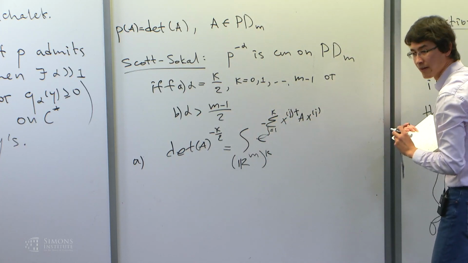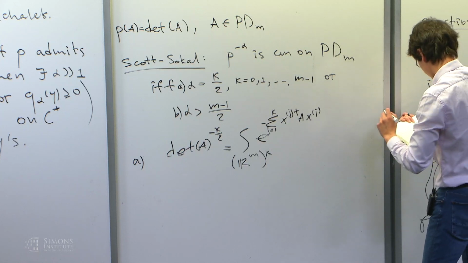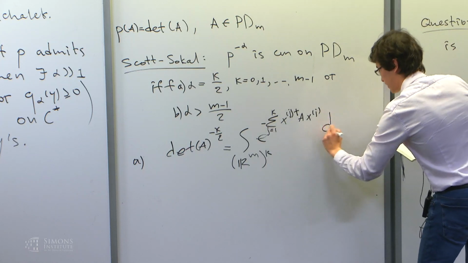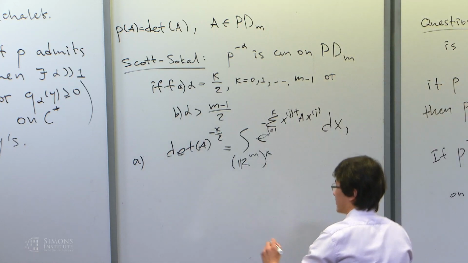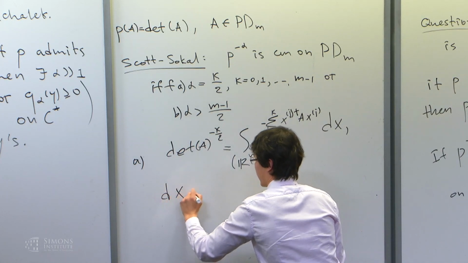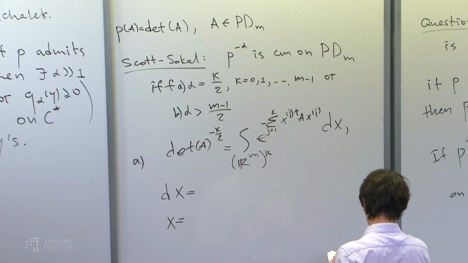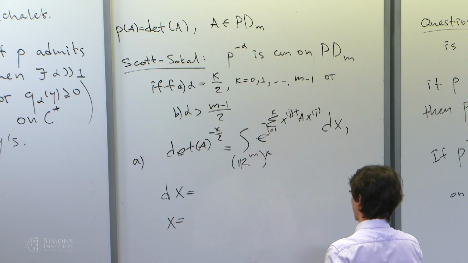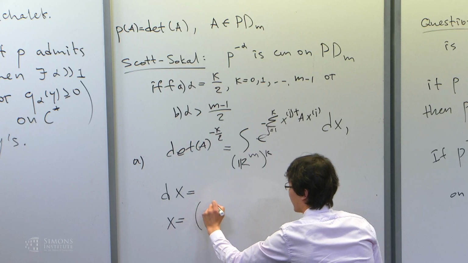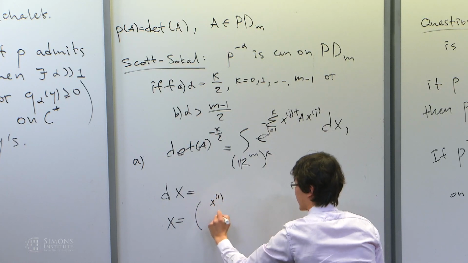It's a Gaussian integral, exactly. dx, where x will be a k by m matrix filled by vectors x1 through xk.